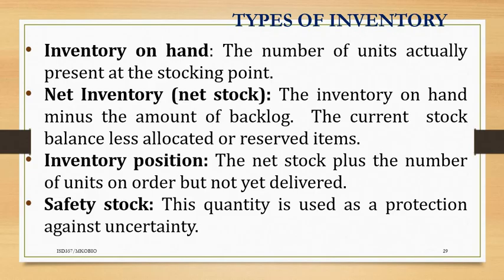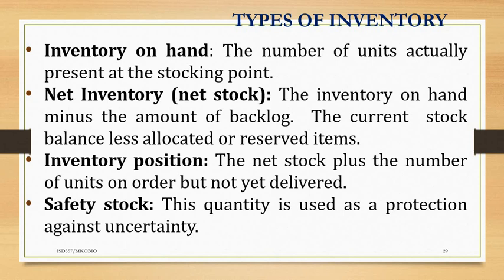We have the net inventory, that is the inventory on hand minus the amount of backlog. That is the current stock balance less allocated or reserved items. So the items that you have reserved in case there is a stock out, or maybe goods or materials are being stocked out, minus what?